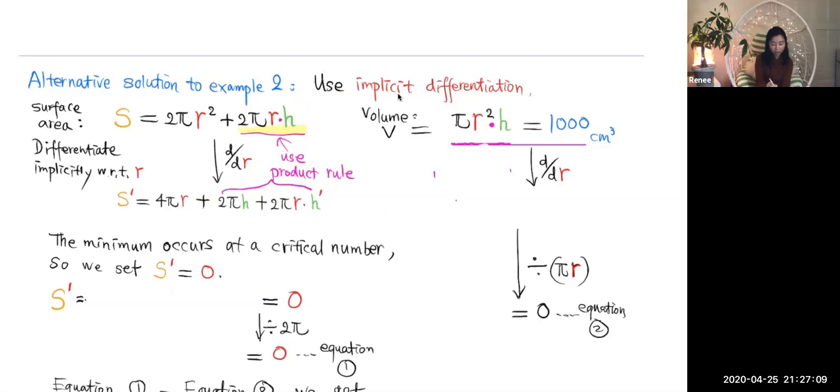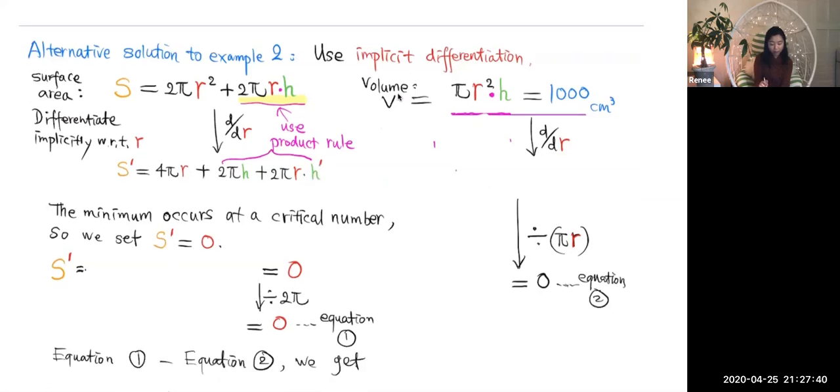So this is a product of two functions, and I have to use the product rule, okay? I first differentiate 2 pi r with respect to r, so that's 2 pi, okay? And then times the second function h, and then plus the first function, which we copy, 2 pi r, times the derivative of h with respect to r, and we use h prime to indicate that.